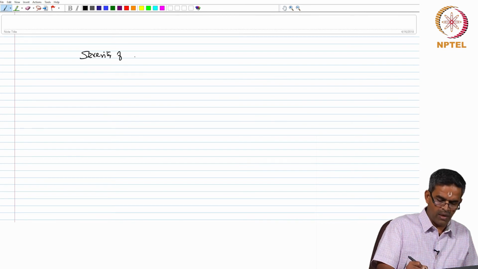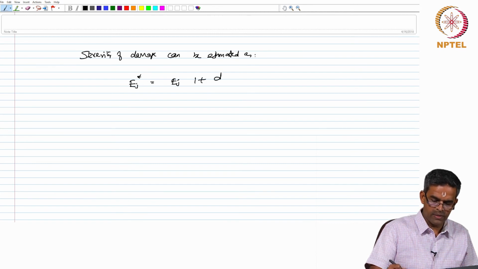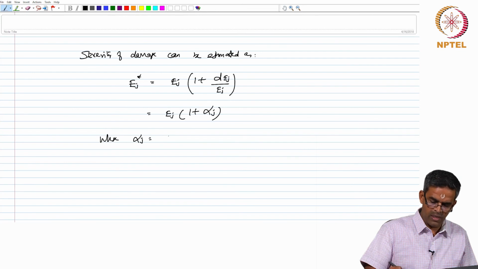Severity of damage can be estimated as E_j star is E_j (1 plus dE_j by E_j), which will be E_j (1 plus alpha_j), where alpha_j is gamma_ij K_i star by gamma_ij star K_i minus 1.